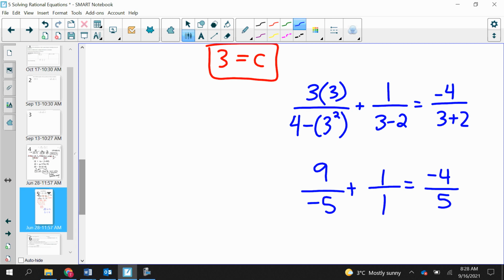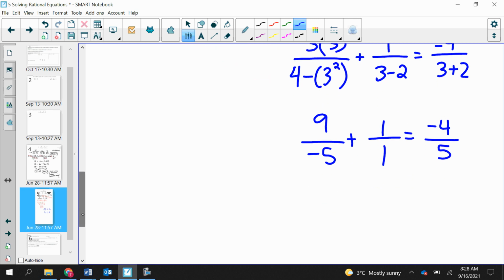You could punch it into your calculator if you don't want to deal with the fractions. So 9 divided by negative 5 plus 1 is going to get you negative 0.8. And negative 4 divided by 5 is negative 0.8. Yay, much success.